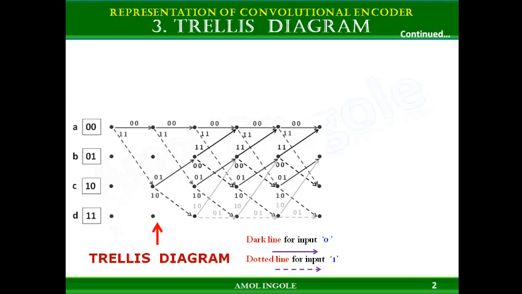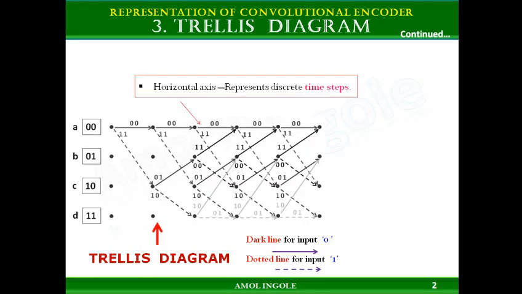This is how your trellis diagram will look. These are the horizontal discrete time steps. You can see the first time step from here to here, the second time step from here to here, third, fourth, fifth. So this particular trellis diagram is drawn with 5 time steps. So you can use this to encode or decode an input of 5 bits.